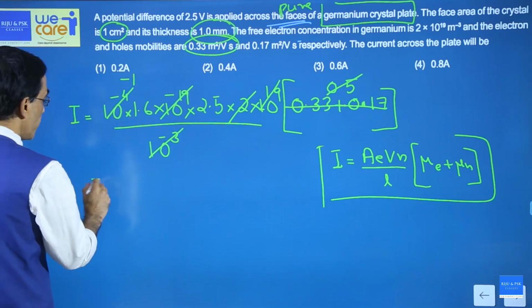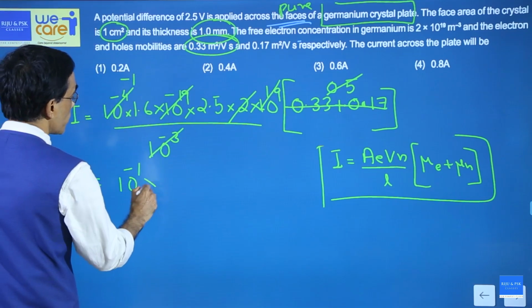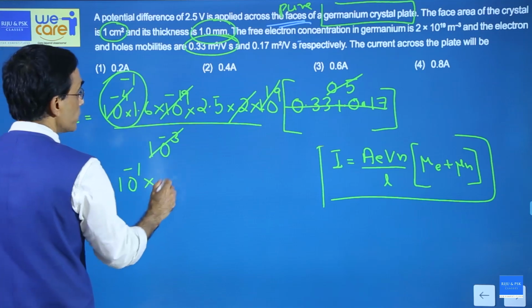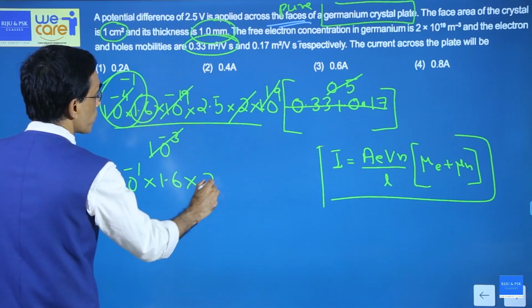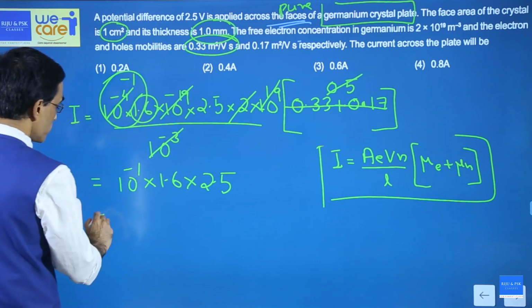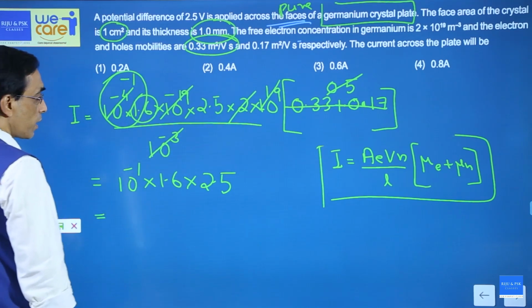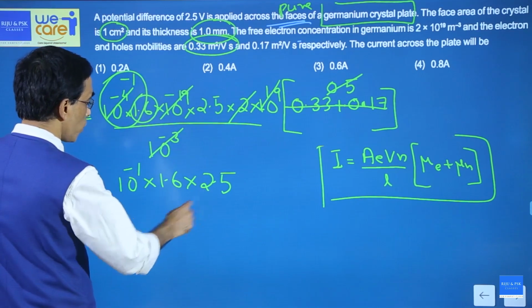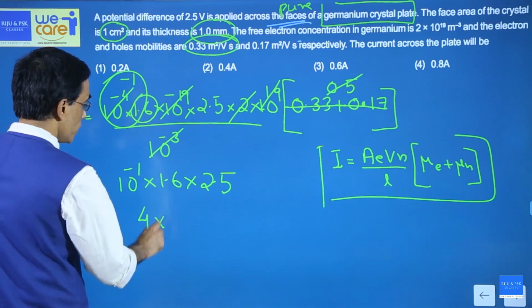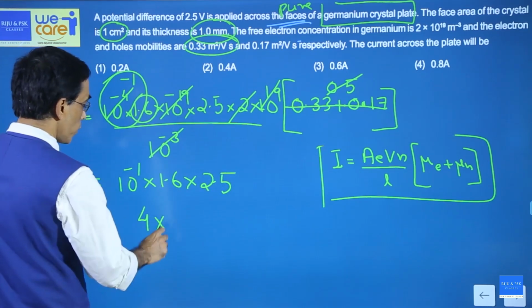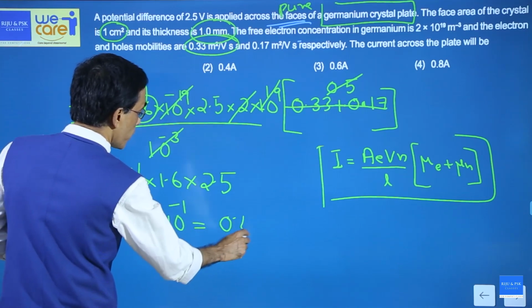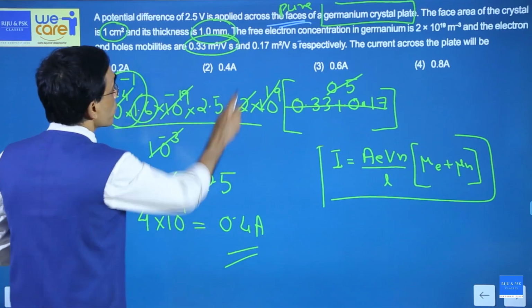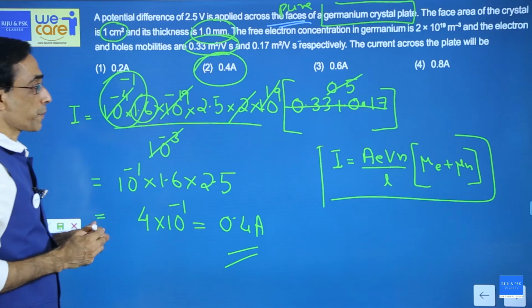So effectively what I am left with is 10 to the power minus 1 times 1.6 times 2.5. This should give you 4 into 10 raised to minus 1, since 1.6 into 2.5 is 4. As per option, you can write it like 0.4 ampere. So your answer is option 2.